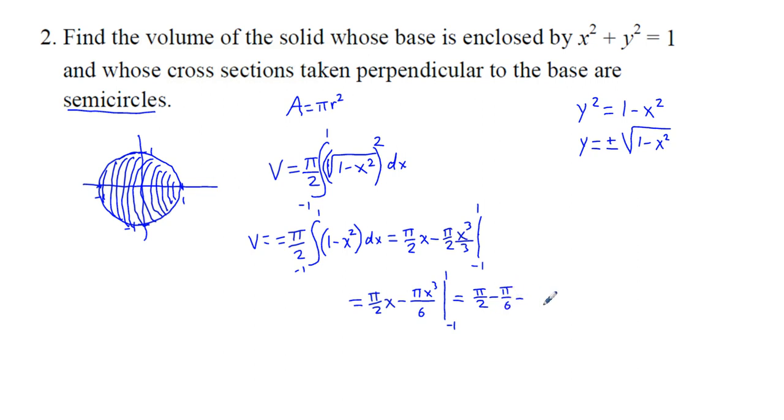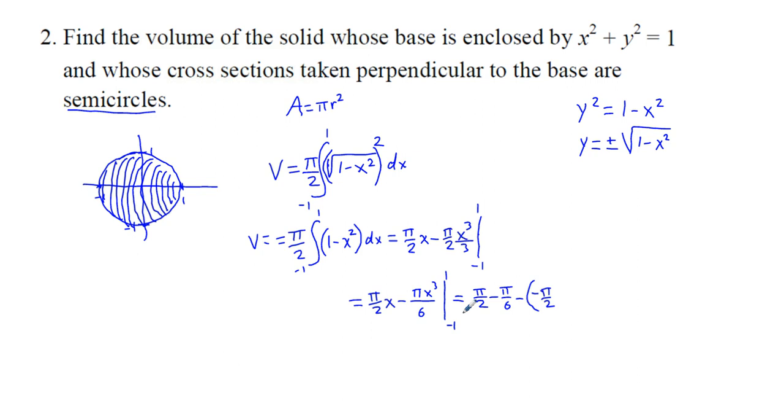We're going to subtract out this amount here. We're going to have -1 times pi over 2. So that's going to be negative pi over 2.